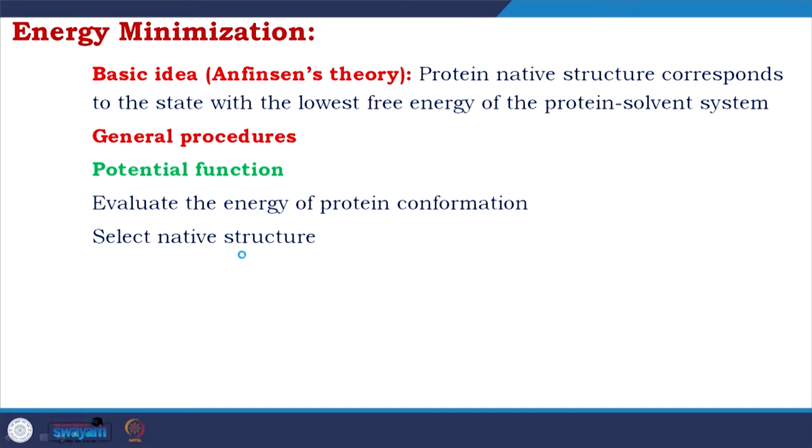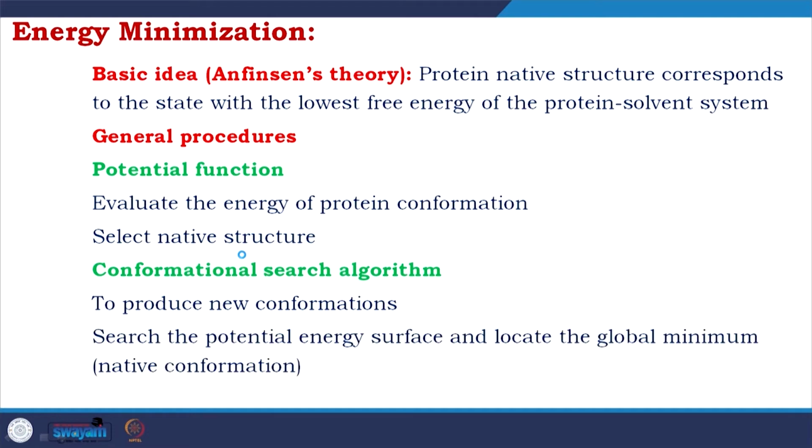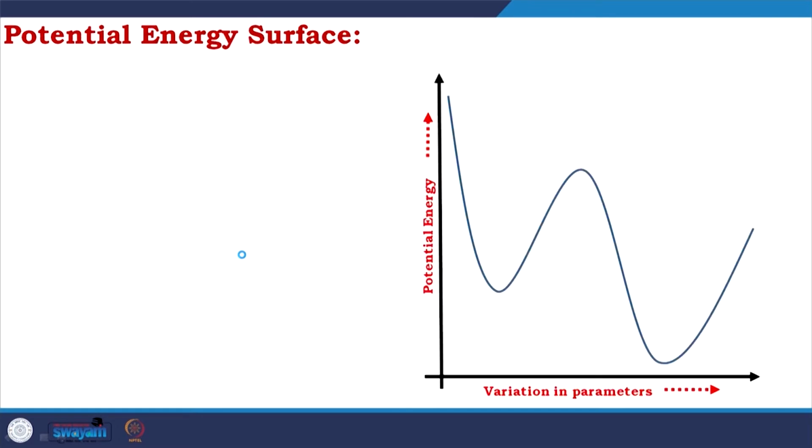Before, people used to think that every protein has one conformation, but now we know that proteins change their conformation for functioning. So, we have to select the native structure and go from there. A conformational search algorithm produces new conformations, searches the potential energy surface and locates the global minima. The potential energy surface, which I did not talk about, is coming again. So, let us first discuss the potential energy surface.